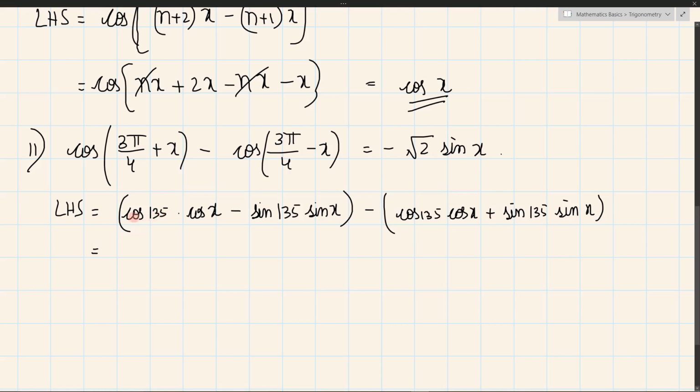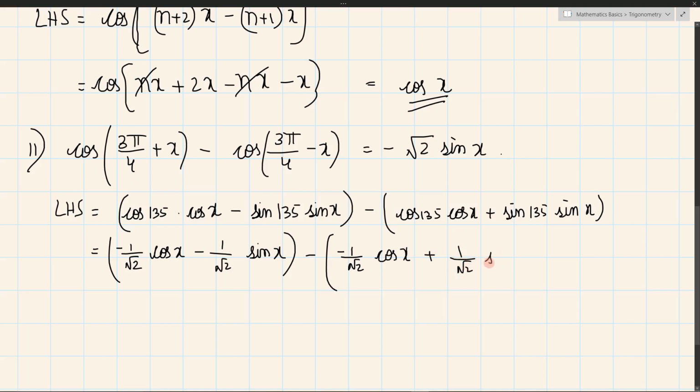In the second quadrant cos is negative, so we'll have minus 1 by root 2 into cos x. Sine of 135 is 1 by root 2, so minus of minus 1 by root 2 cos x plus 1 by root 2 into sin x.